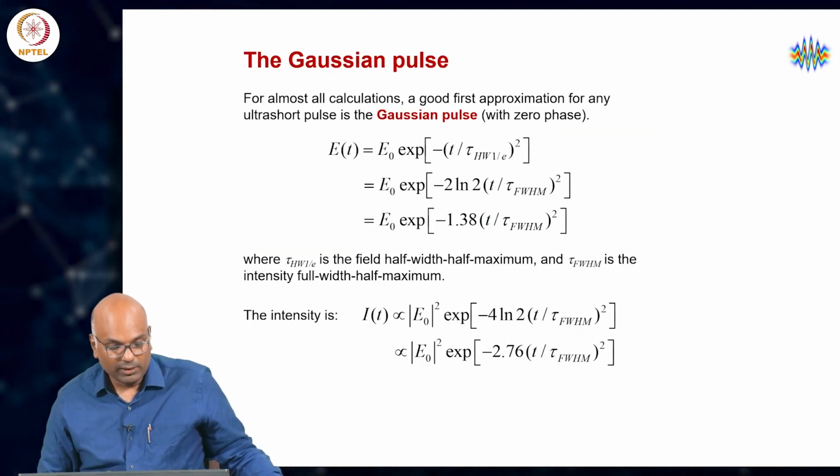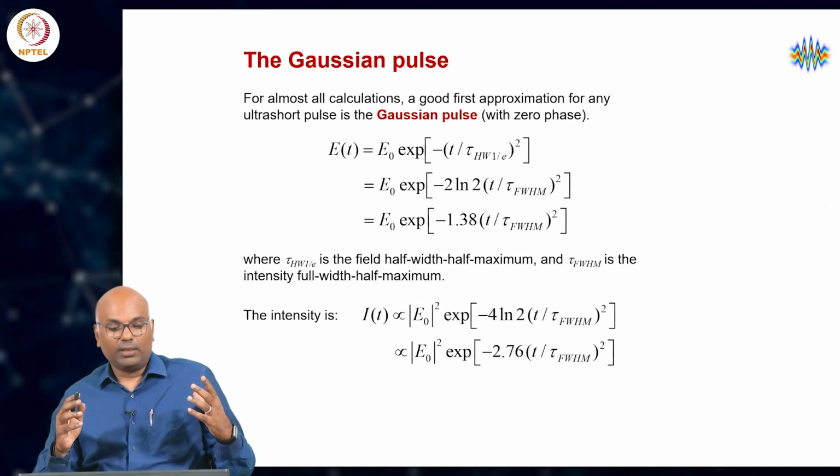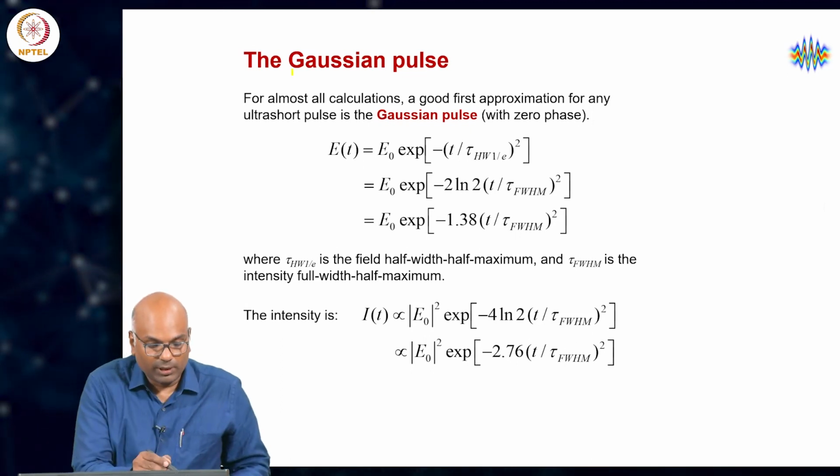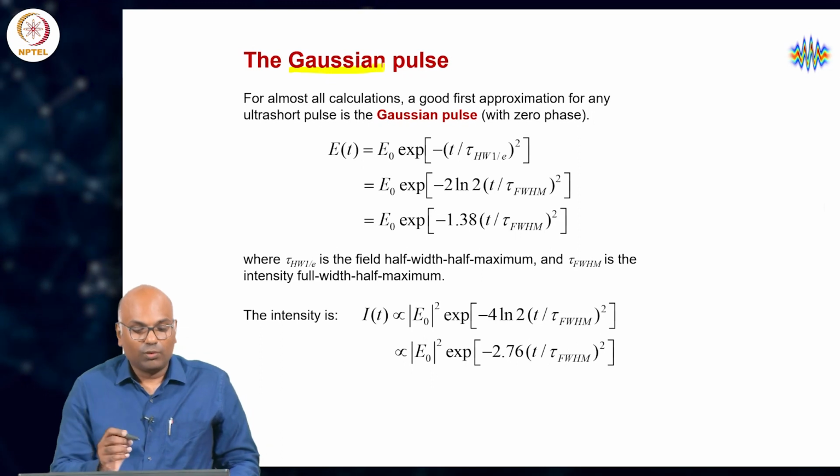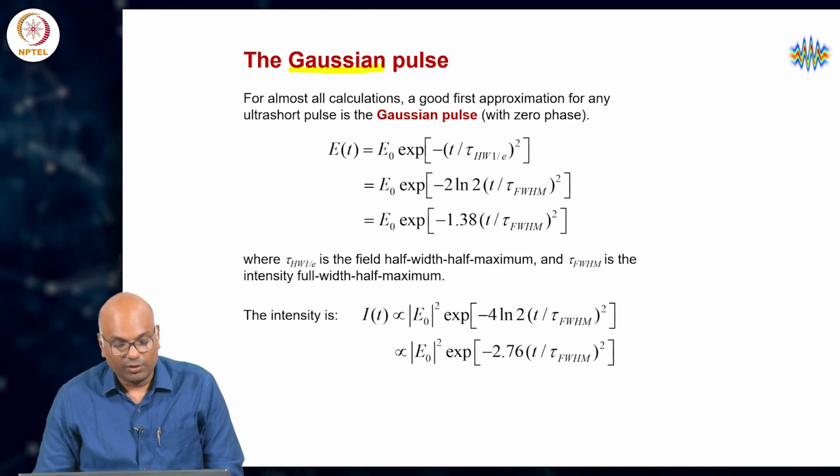Now, what is a typical pulse and an envelope that goes with it? A typical pulse could have an envelope which is Gaussian.